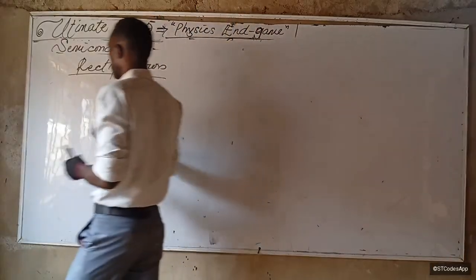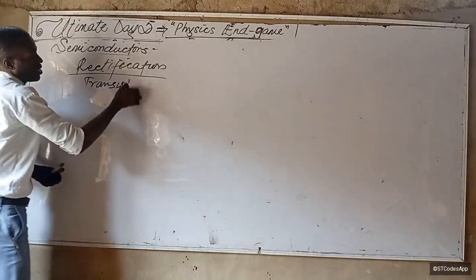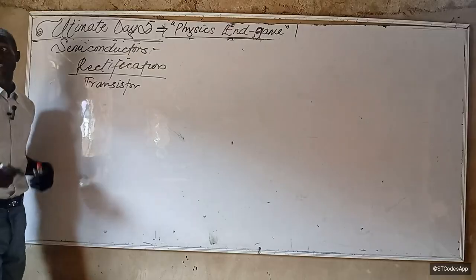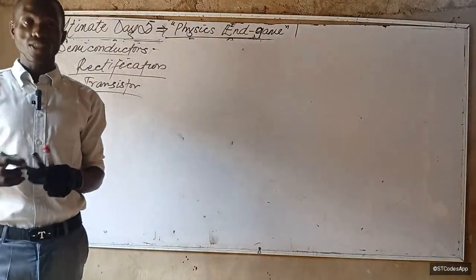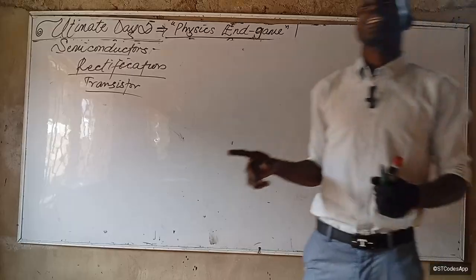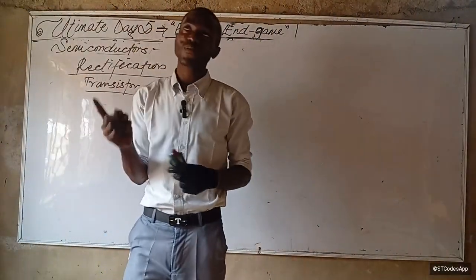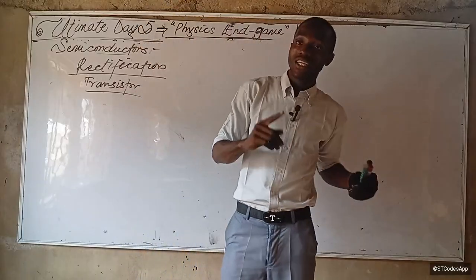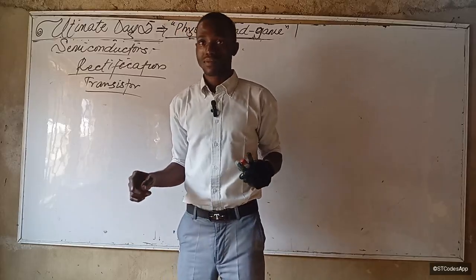Now the transistor is comprised of semiconductors too. Is that okay? In this case, a transistor works like a diode too. Because a transistor can work as both a conductor and a non-conductor. Is that okay? All right.